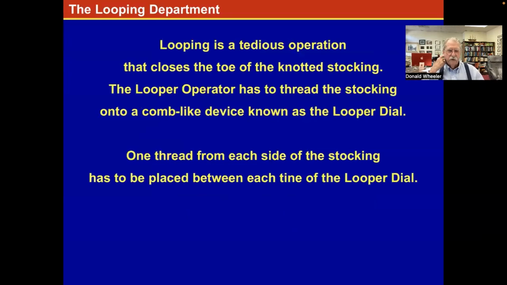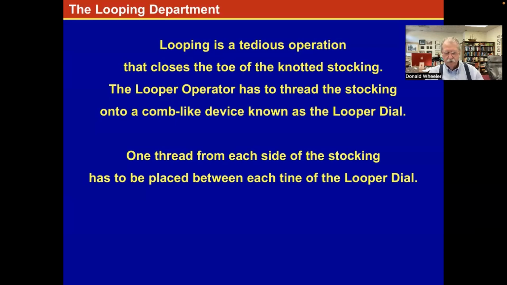Now, the looping operation closed the toe of a knitted stocking. It was a tedious operation, requiring the operator to thread the toe of the stocking onto a comb-like device called the looper dial.